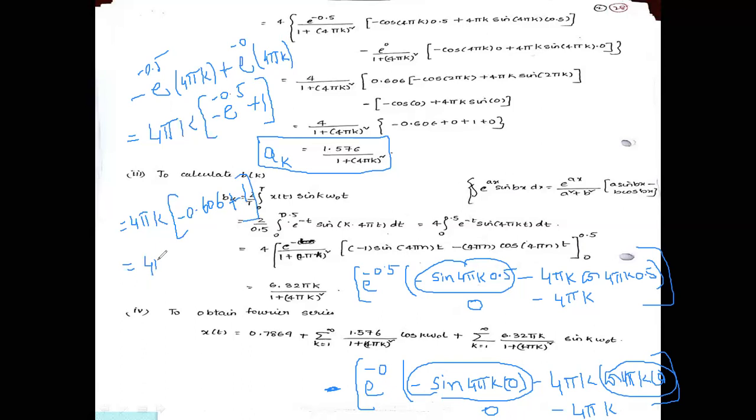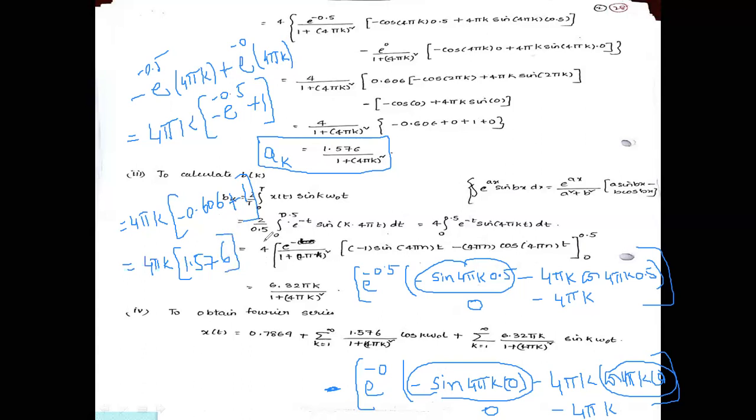For this function, the 4 is a multiplication factor. So 4 into minus 0.606 plus 1 is 1.576 after multiplying with the 4, my dear students.